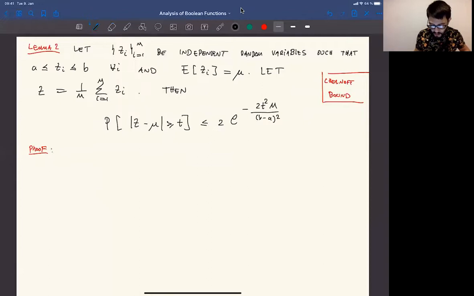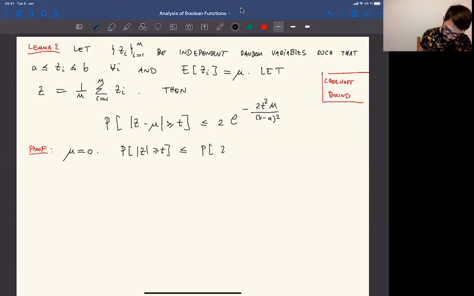So this is controlling the tail of this expression, away from this average, from its own mean. First of all, you can assume that mu is 0. That's trivial. Also, this is less than or equal to the probability of z greater than or equal to t, plus the probability of minus z greater than or equal to t.